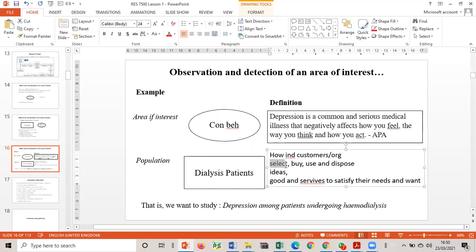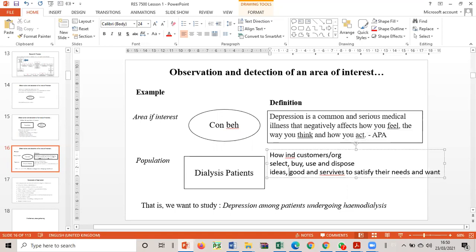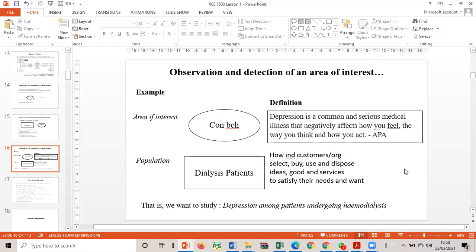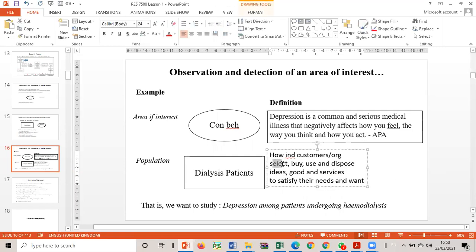How they select, how they buy, how they use it, and how they dispose it. Ideas, goods, and services. For what? To satisfy their needs and wants. See, all the keywords, you're going to use a questionnaire, right? Your questionnaire will contain, or the constructs in question will be selection, purchase, use, dispose.